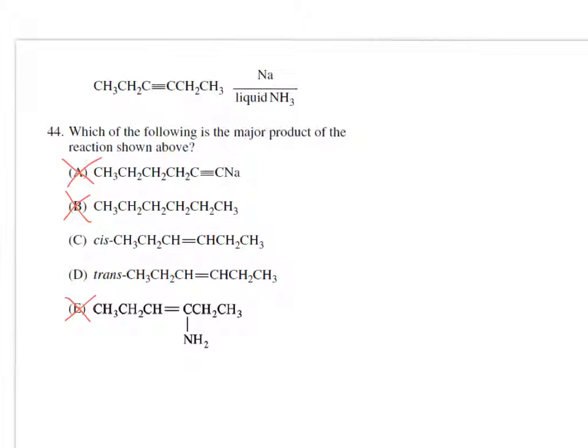And if you remember, this mechanism proceeds under a radical mechanism. But if we think about it, there's our hexyne. If we add an electron to this hexyne, we get something that looks like this.